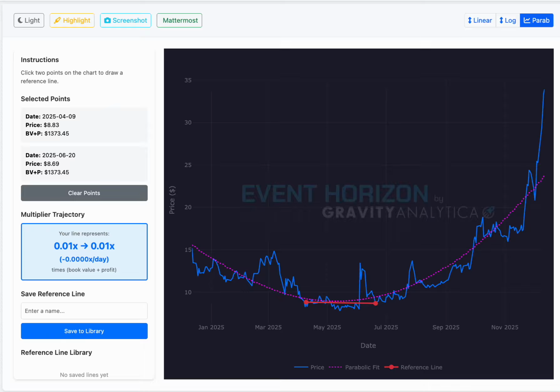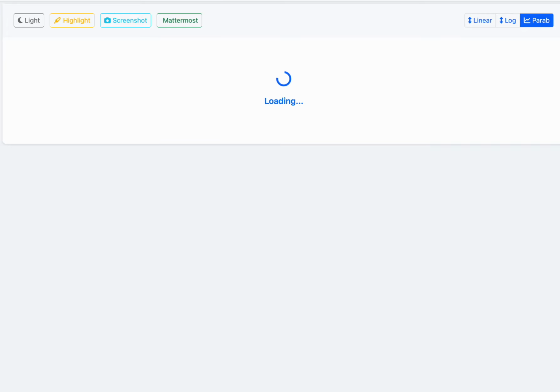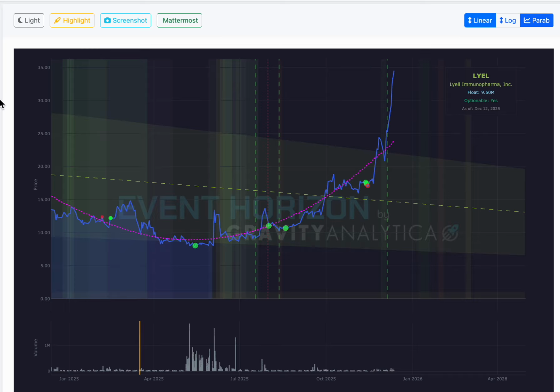This is the average position at which people would buy that stock. And when you look at the actual event chart for LYEL, the channel you have on this chart right here is the probability distribution of that prediction.